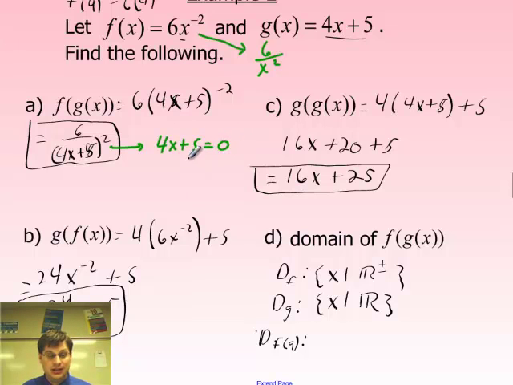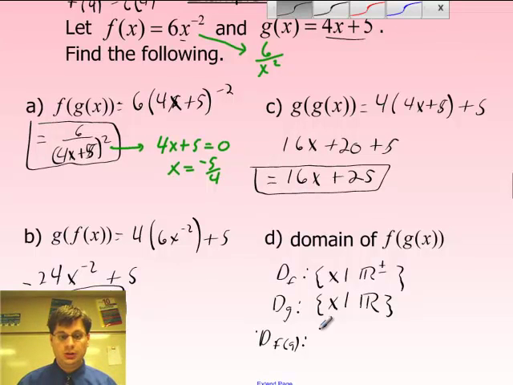In this case, x would equal negative 5/4. So if you substitute negative 5/4 in here, that's going to be 0, and then you have 0 for the denominator. So we can't have negative 5/4.